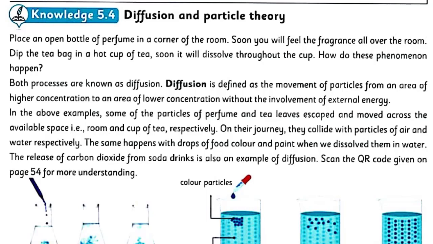On their journey, they collide with particles of air and water respectively. The same happens with drops of food color and paint when we dissolve them in water. The release of carbon dioxide from soda drinks is also an example of diffusion. Scan the QR code given on page 54 for more understanding.